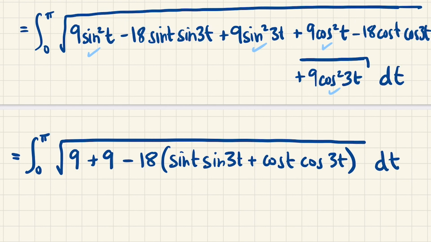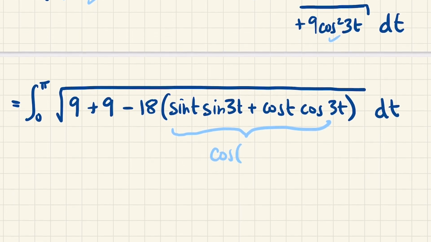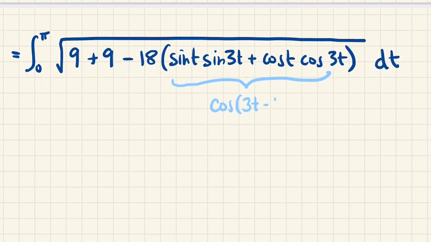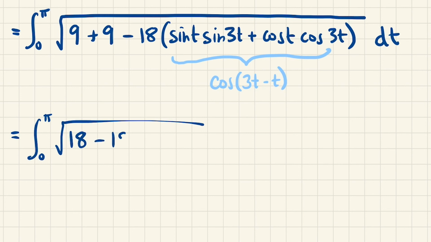And this is starting to look a little bit more palatable. In fact, what is this thing here? We can see that this is actually cosine of 3t minus t. So what are we getting here? 9 plus 9 is 18, so we get 18 minus 18 cosine of 2t.